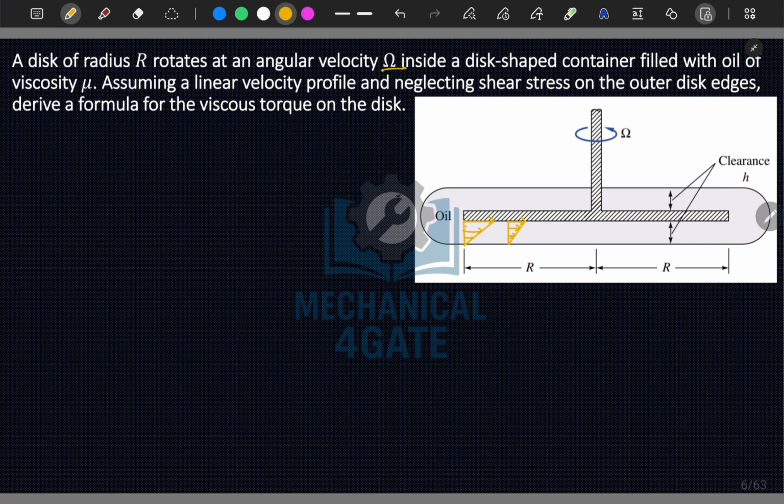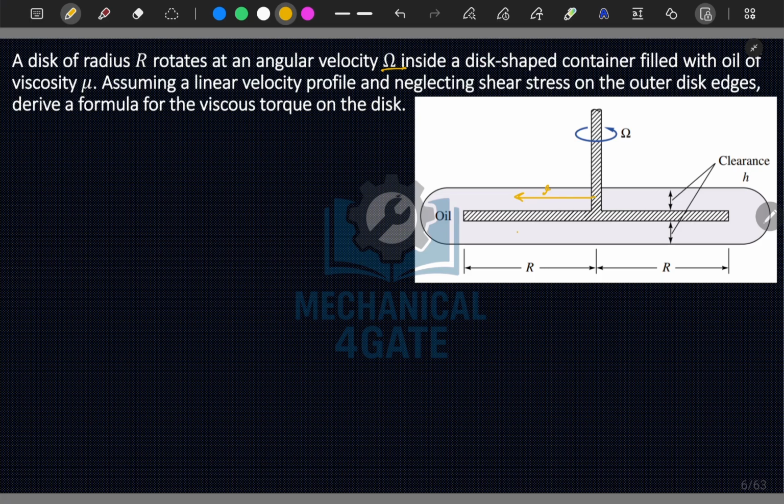This velocity will be equal to r times omega, and at different r there will be different velocity. This profile will form on both sides, so shear stress will act on both sides.